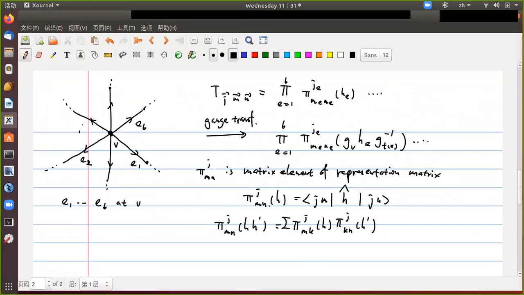Here k is summed over the Hilbert space from minus j to j. This is the definition of the representation, and the representation matrix must satisfy this formula.